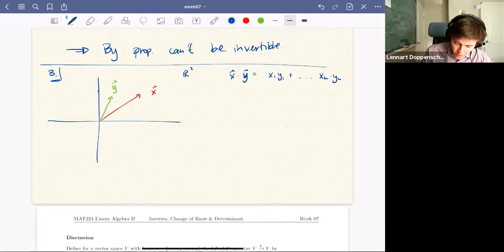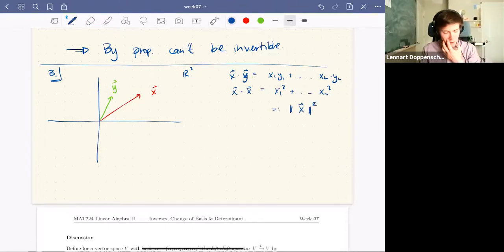And we also define that x dot x, which is just the same thing, which is x1 squared plus up to xn squared. This is supposed to be the length of x, only squared. So the square root of these squares will be the length of x. This is kind of the notion of length. I'm not going to go into much detail about this.